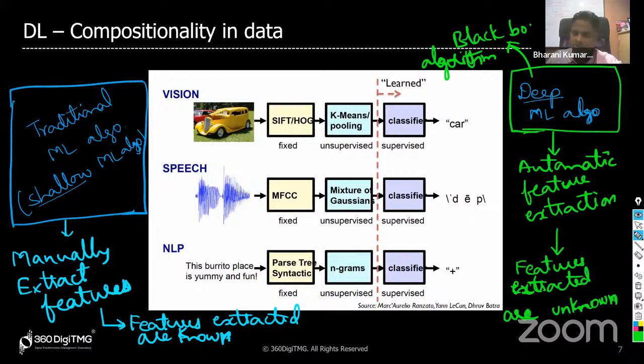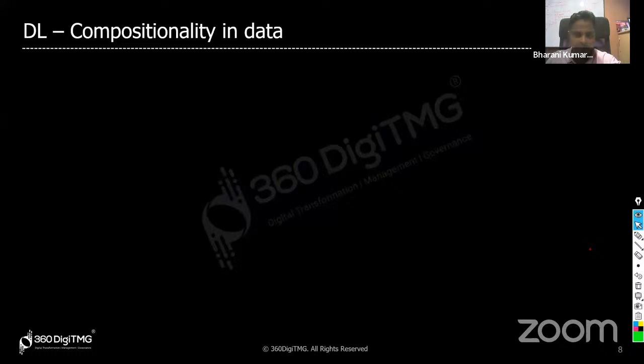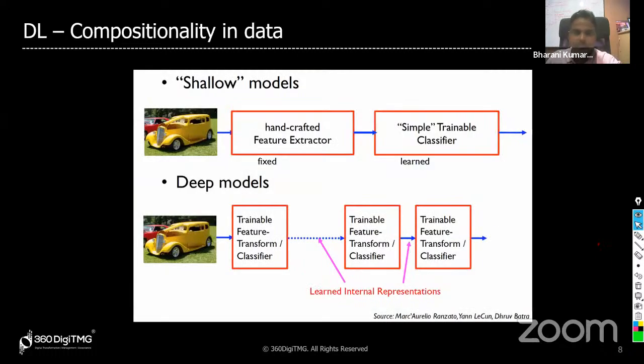Okay, next. So this is what I was saying. If you have an image, and you intend to apply shallow machine learning algorithms, then you have to manually extract the features, handcraft them. And then you can use one of your simpler classifier techniques, simpler shallow models.